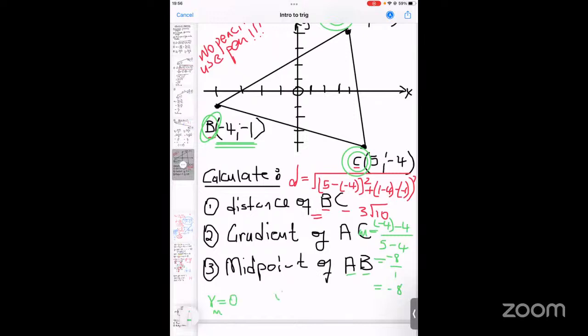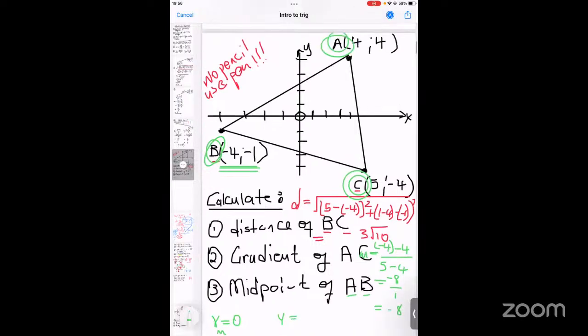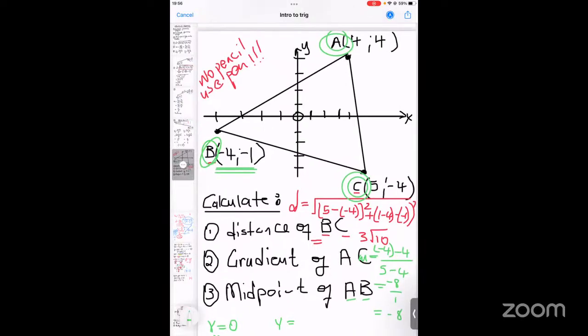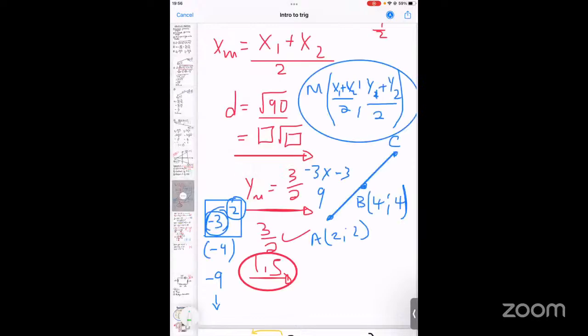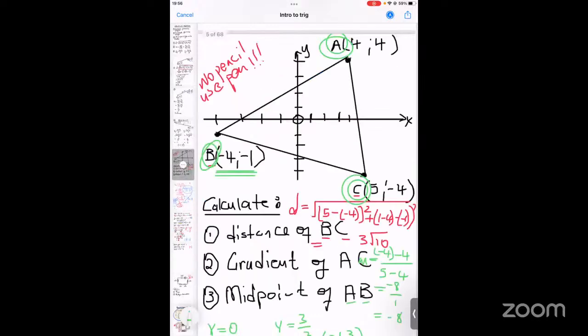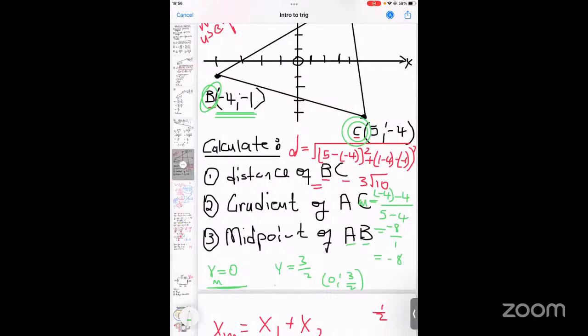And then again, in terms of your y values, you will have your 4 that you must plus with inside the brackets, -1, and then you have 2, and then it gives you that 3 over 2. So how you represent your answer, it must be clear. You must say my x is 0 and then my y is 3 over 2. That's how you represent the coordinates of the midpoint. You don't just leave it as this and that.